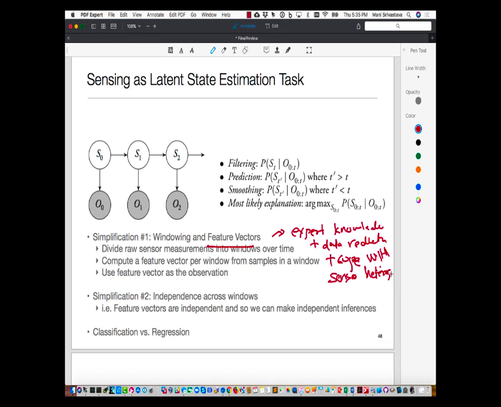Classification versus regression: in classification, my output is some label drawn from a set, like is it an apple or an orange. Regression is some numerical value, like what's the speed, for example. Likewise, the features in the feature vector could be nominal or categorical, or they could be continuous. And one should be able to deal with both.